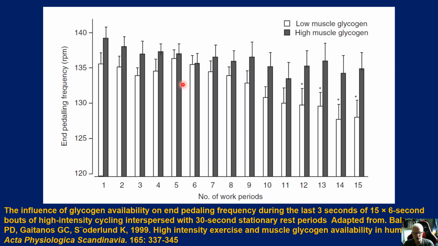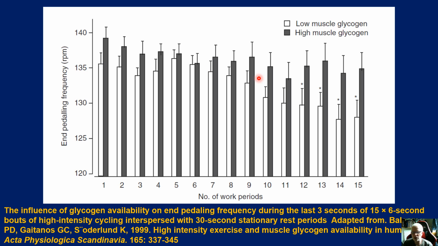So what they've got here is 15 repeated sprints of 6 seconds. And they've taken a recording in the last 3 seconds, but they've done it in 2 conditions: a condition with low muscle glycogen and one with high muscle glycogen content. Now this is quite important, because these are only 6-second sprints, so the predominant substrate under 6-second sprints in dynamic exercise is going to be PCR, no doubt about that.